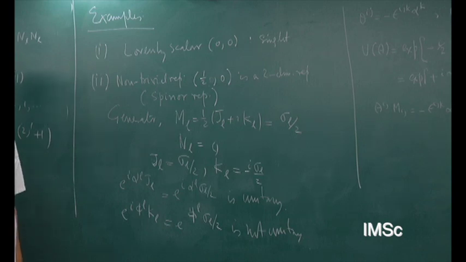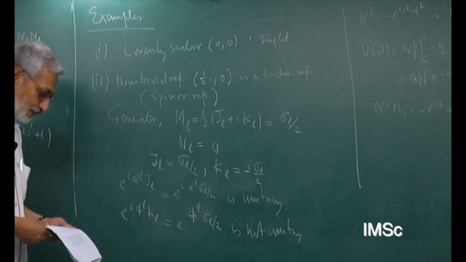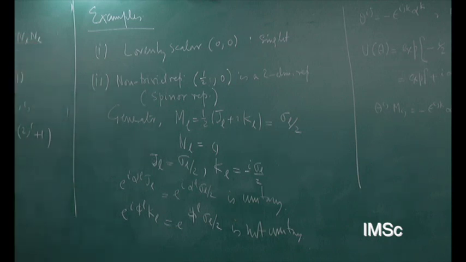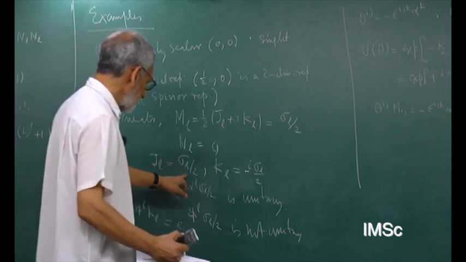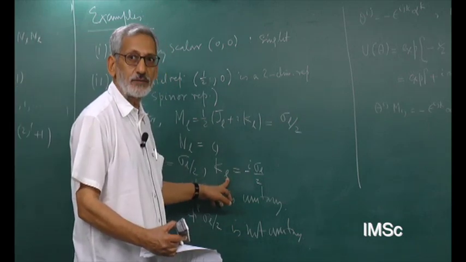Is that okay? And that's because JL is Hermitian, KL is anti-Hermitian.